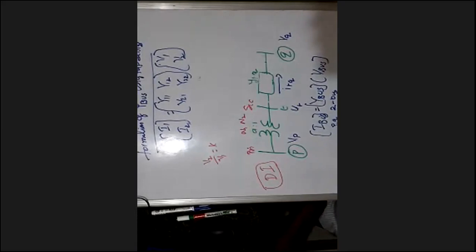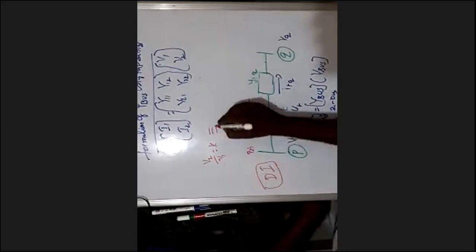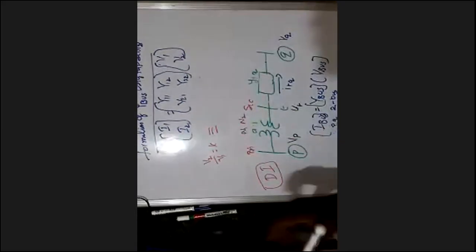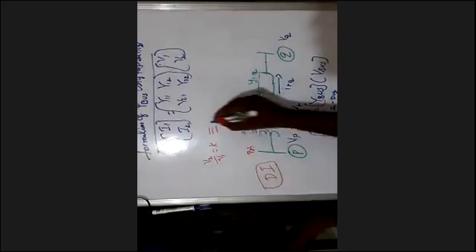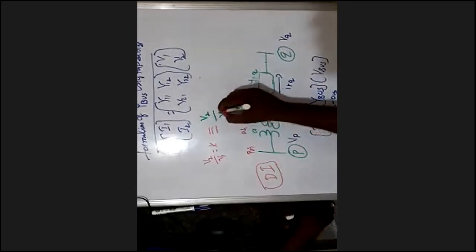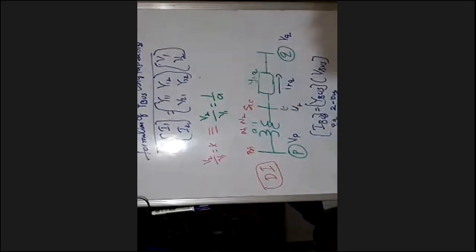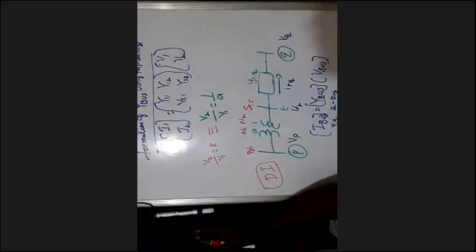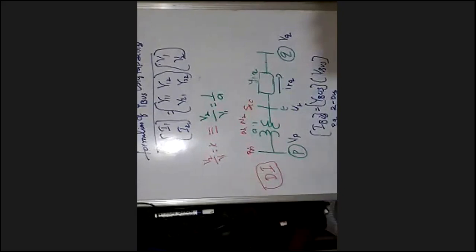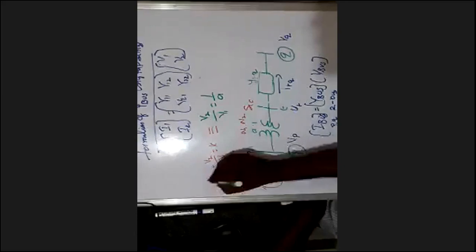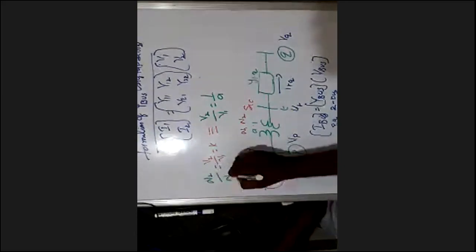So therefore, in terms of the nominal ratio, V2 by V1 is equal to 1 by A. Can I write? Yes, sir. Because this is equal to N2 by N1.